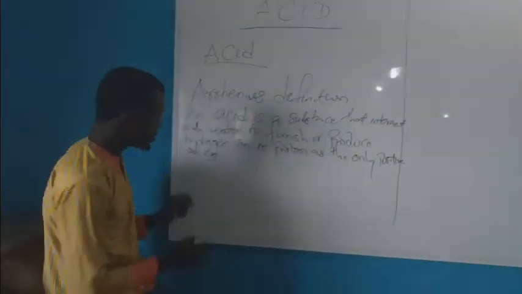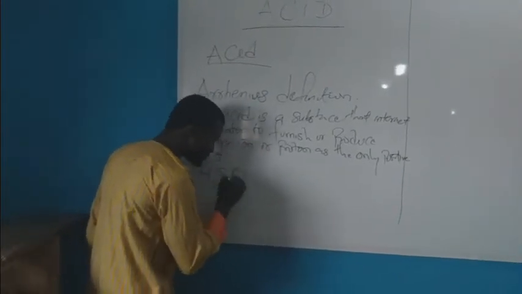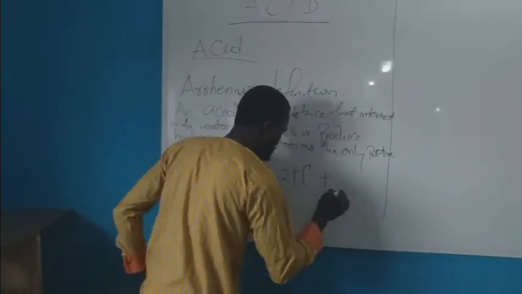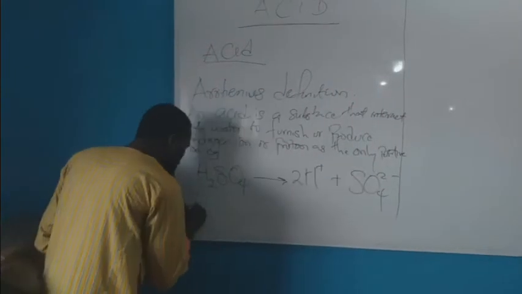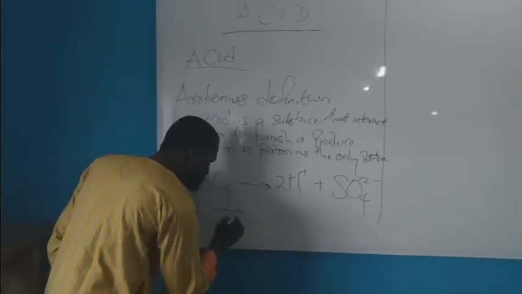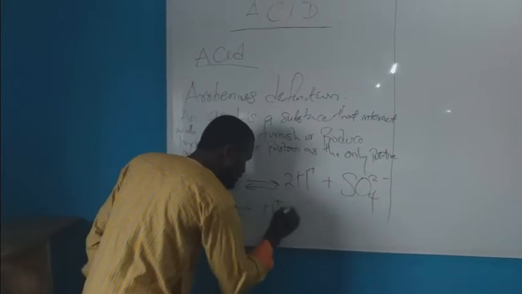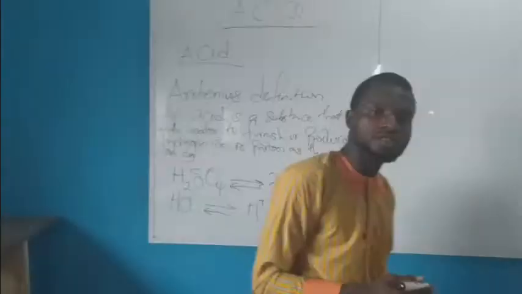Examples are tetraoxosulfuric acid, H2SO4, giving 2 hydrogen ion and sulfate ion. Hydrochloric acid, giving you hydrogen ion and chloride ion, and a host of other examples.